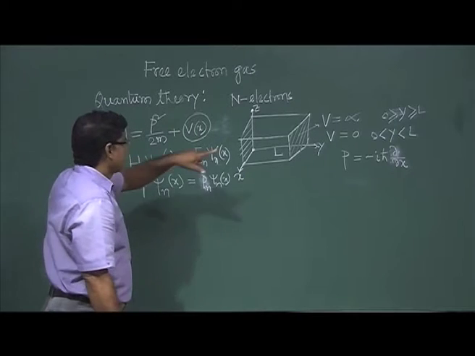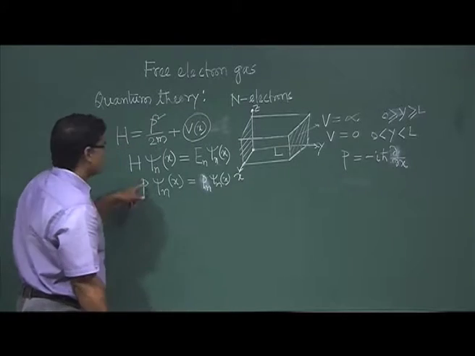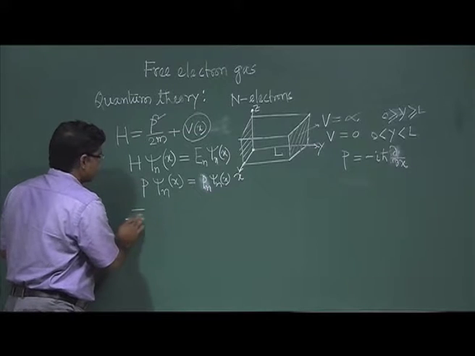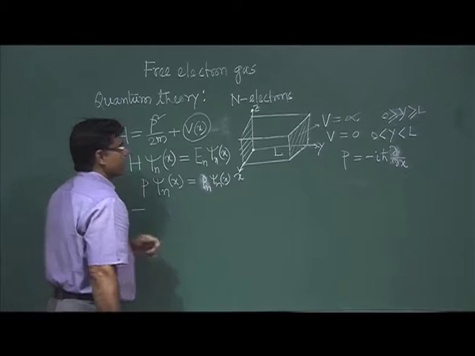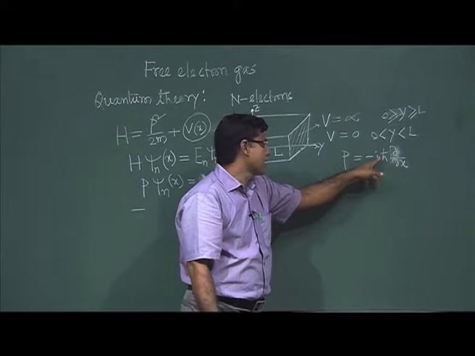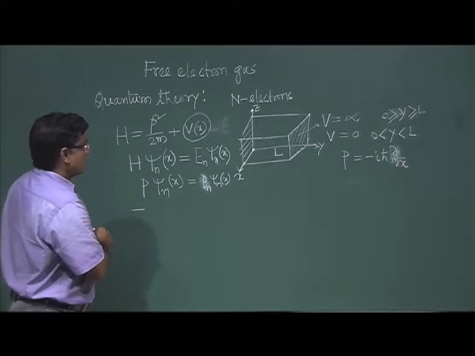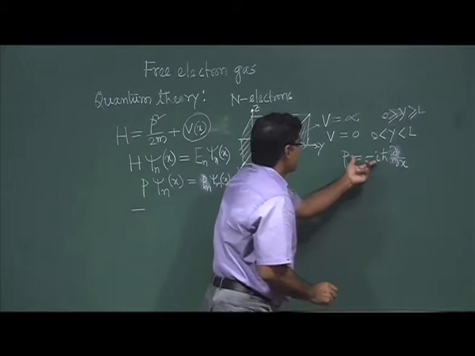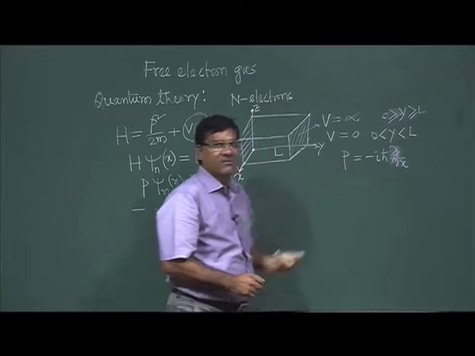If we write P square by 2m in operator form, P is minus i h cross, so P square will come twice, minus minus plus, and i square will give minus 1.